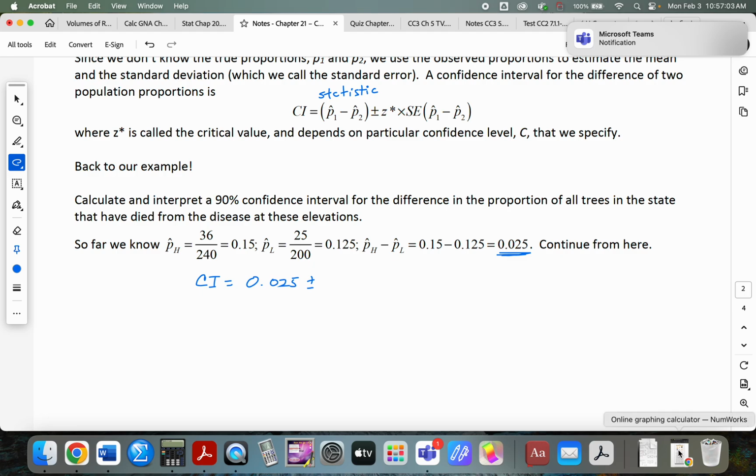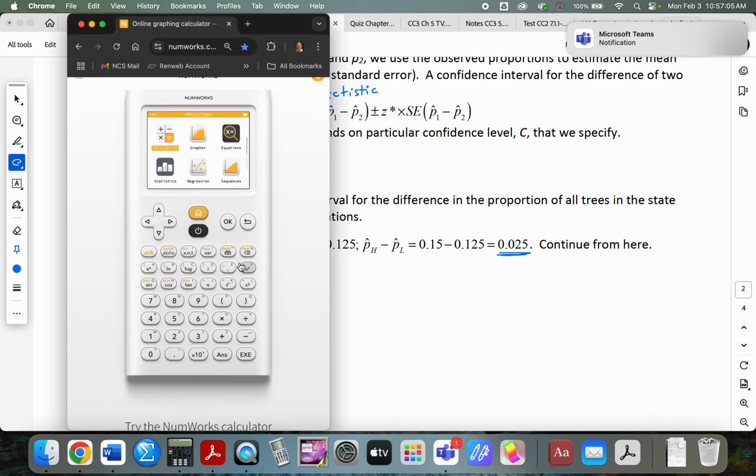Now you can do that in your calculator. You can figure out what 90% is going to be by going down to distributions, doing a normal distribution. We're going to leave the mean at 0 and the standard deviation at 1 because this is called a z interval.